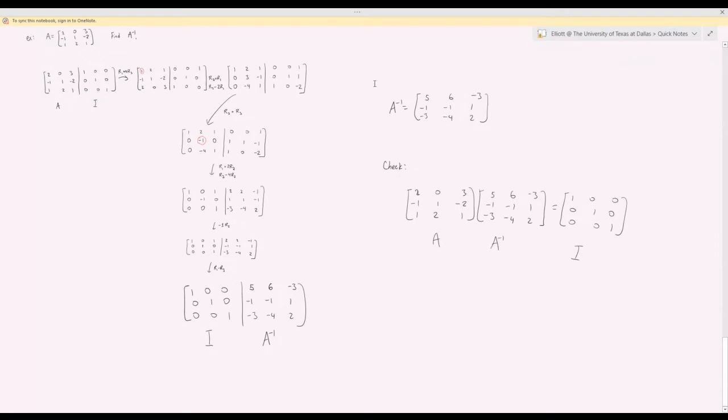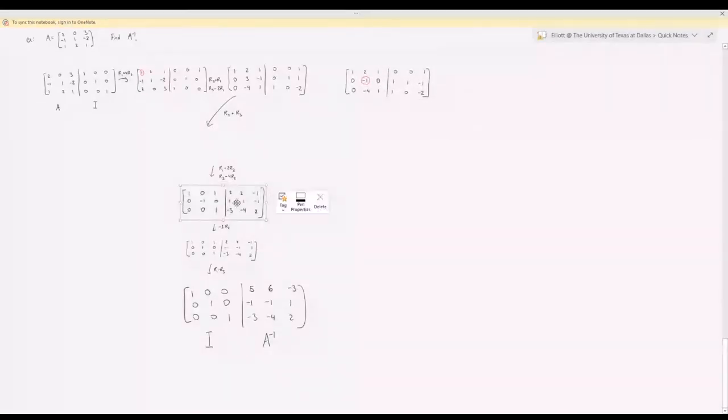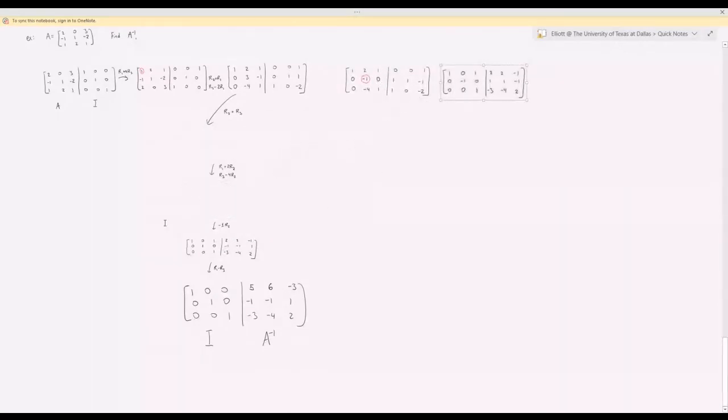So let's see here. Let me reorganize this a little bit because I want a little bit more space. I'm going to move this up here, move this one up here, make it bigger.